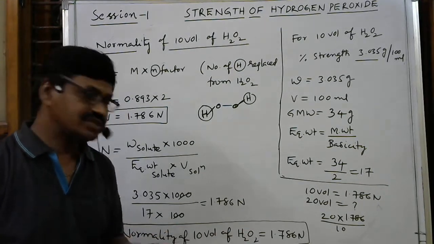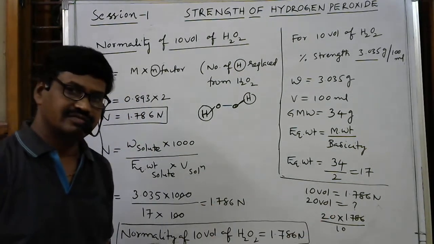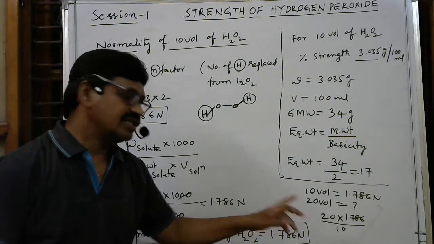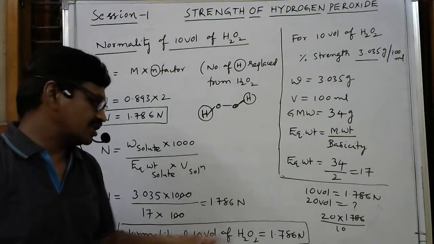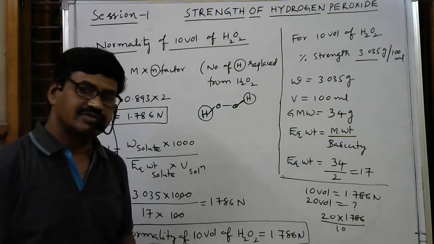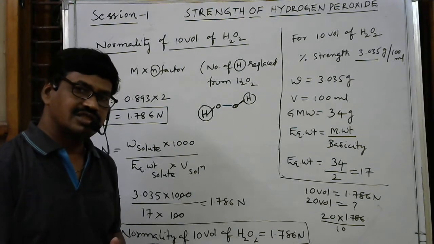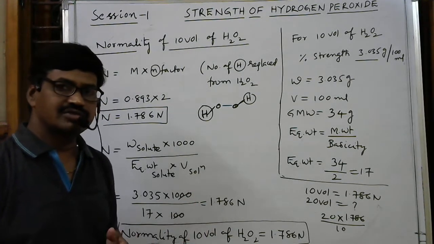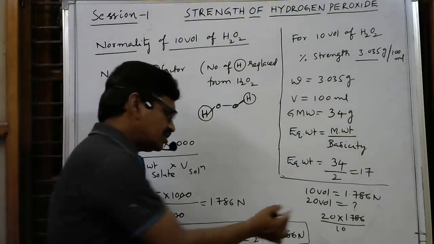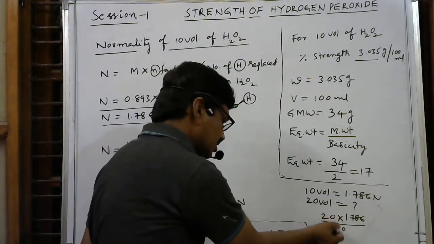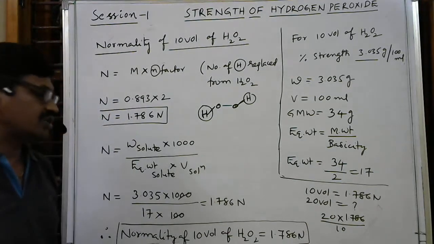If it is 5 volumes, it is half of this, not into 5: 1.786 by 2, because 5 volumes is exactly half of 10 volumes. 20 volumes is double of 10 volumes. 30 volumes is triple of 10 volumes. 100 volumes is 10 times of 10 volumes. So if it is 100 volumes, then 100 into 1.786 by 10. So in this way we can do the calculation.